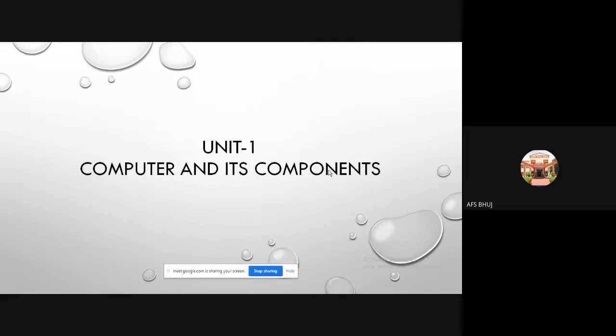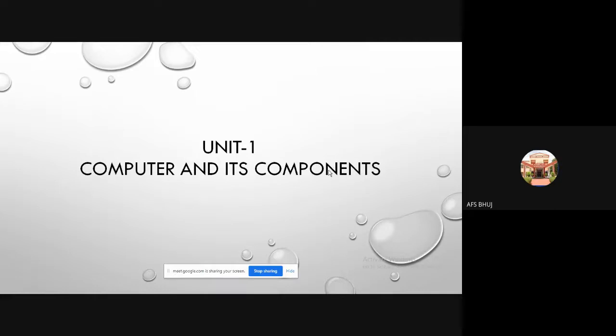Now I just want to start this lesson. First, what is a computer? I think all of you know, and actually what I'm explaining in this chapter you already learned in the fifth class: what is a computer, what are the benefits of a computer, what are input devices, output devices, storage devices, and processing devices.